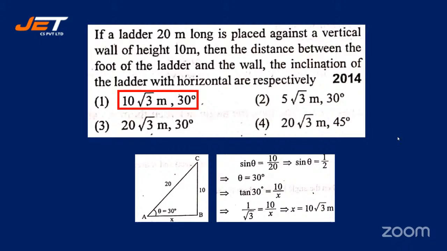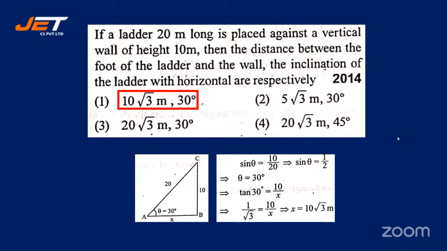For the inclination of the ladder with horizontal, the hypotenuse is 20 and the height, that is the opposite side, is 10. The angle opposite to that side is theta.